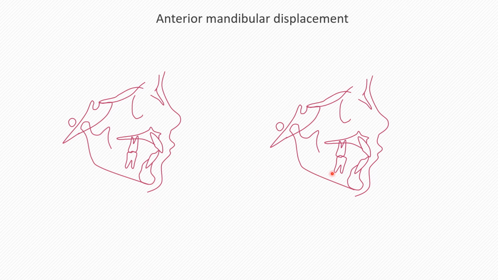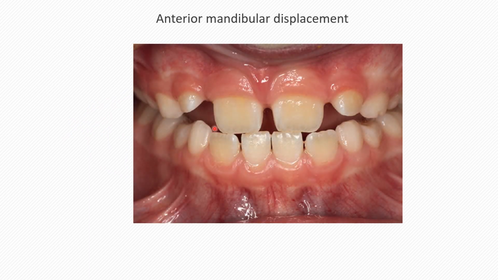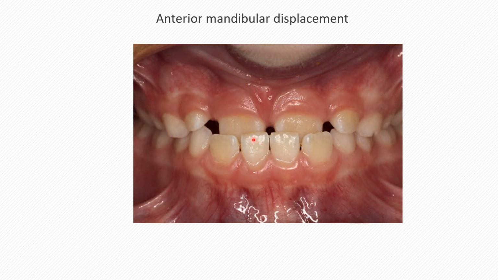But when there is anterior occlusal interference between the mandibular and maxillary teeth, the mandible will be forced to displace or shift anteriorly and cause what is called anterior crossbite. As in this case, the child has an edge-to-edge interference between the mandibular and maxillary teeth, which causes the mandible to shift anteriorly and cause what is called anterior crossbite or pseudo class 3.